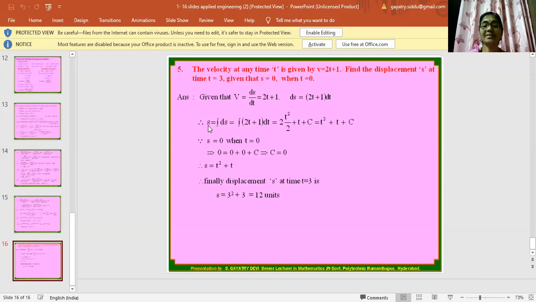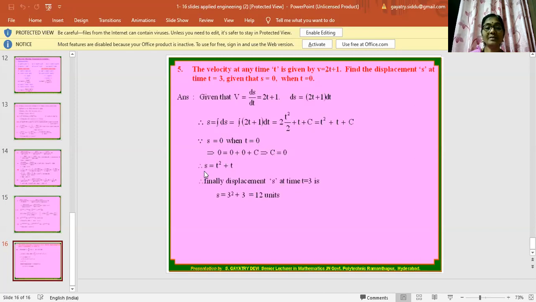Okay, we got it. What are they asking for us? The displacement s at time t equal to 3. When t equal to 0, s equal to 0 is given, and we have to find the displacement at t equal to 3. So when s equal to 0 and t equal to 0, what will happen to this displacement expression? Capital C is also 0.